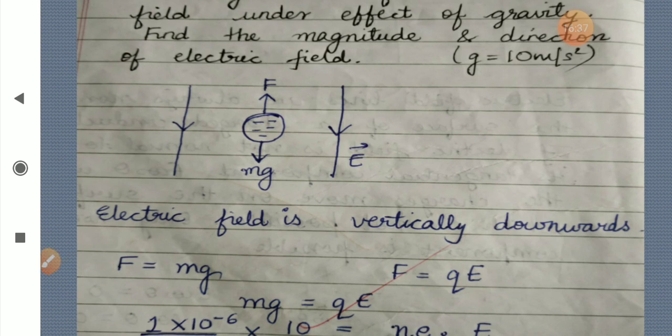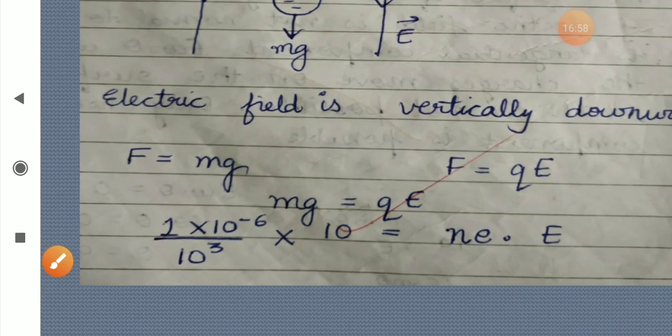Now electric field is vertically downwards. Now force F is equal to mg, but F is equal to QE also. You have already done it. F is equal to QE, relation for force acting on a charge in electric field. So mg should be equal to QE. Now we can solve it by putting the value of m.